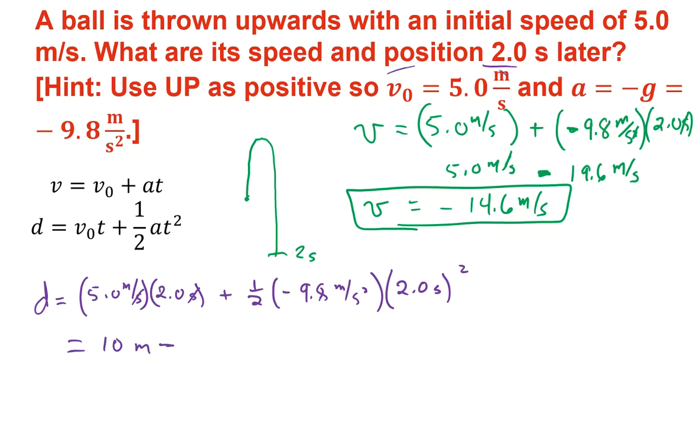I have 1/2 times 2 squared, which is 1/2 times 2 times 2. 1/2 times 2 is just 1. So in the end, that's just 2 times 9.8. I told Alex, I've done this a lot of times. 2 times 9.8 is 19.6. And looking at our units now, since this is a square here, second squared divided by second squared cancel, leaving meters. And so that's minus 9.6 meters.